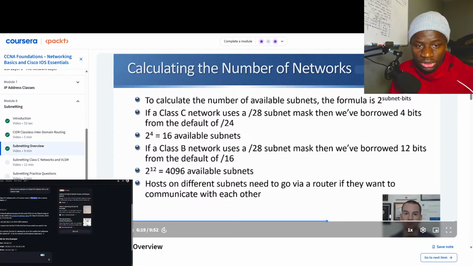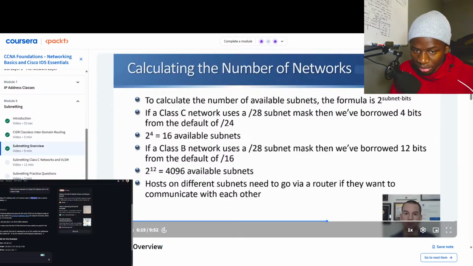Okay, an example class B IP address is 172.16.0.1 with a subnet mask of /16. This is a default address because the first octet, 172, is in the default class B range of 128 to 191. It is also within the private IP address range for class B networks.